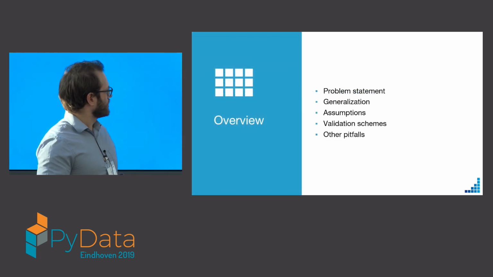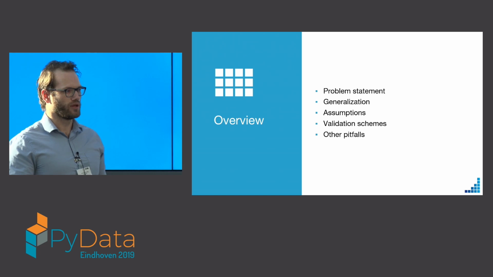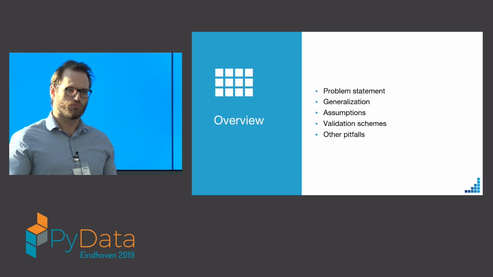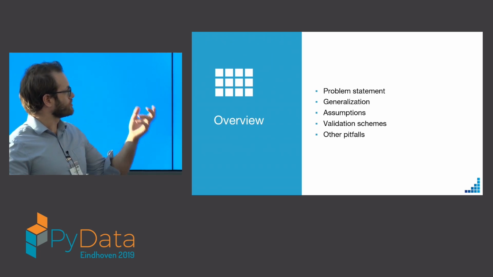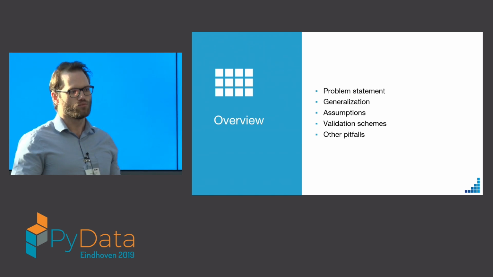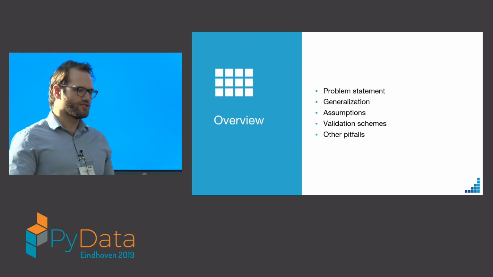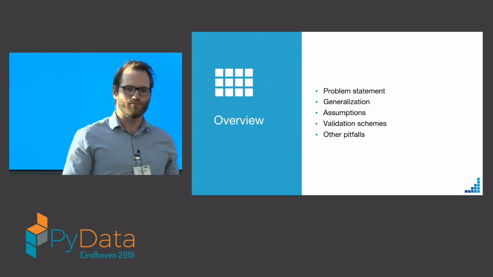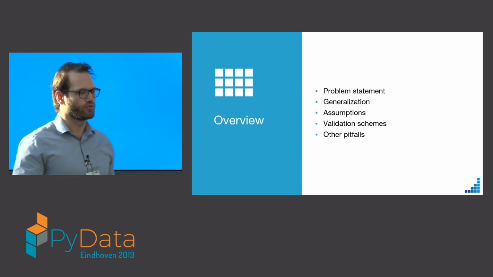So we're going to talk a bit about how to properly evaluate how well your model is going to do in a production environment, or how well you can predict something in a fair way. So first we're going to talk a bit about the problem statement. We're going to talk about generalizations. It's a bit of a more theoretical topic maybe than the other talks. We're going to talk a bit about certain assumptions that we usually implicitly make, but that can have a very significant impact in how you have to evaluate your performance.